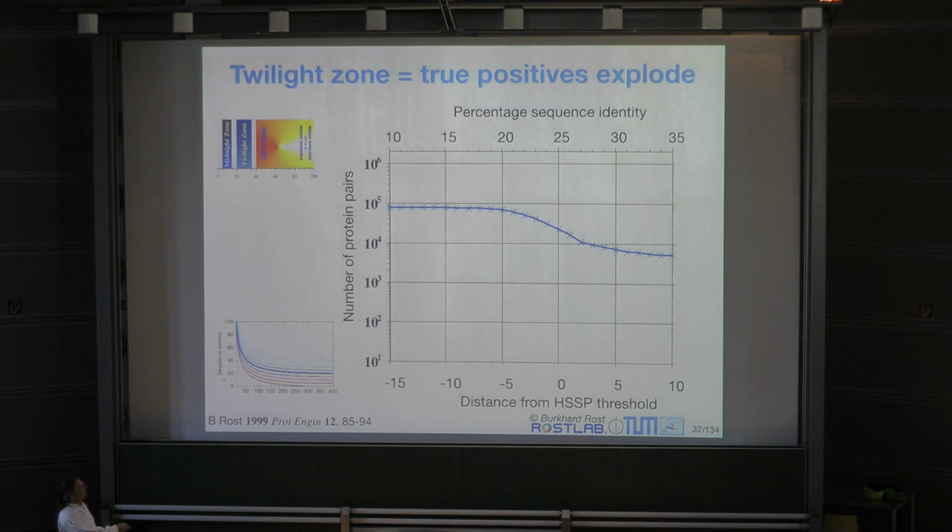Oh, but so again, when we go down here, we go to more distance. No. So this essentially, in terms of sequence identity, you going down means more distant relatives. So you go more from daylight zone into twilight zone into midnight zone. You go towards 0.